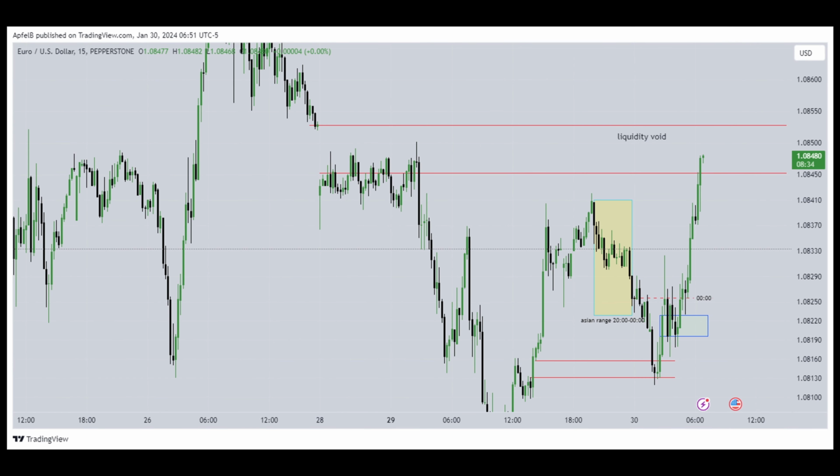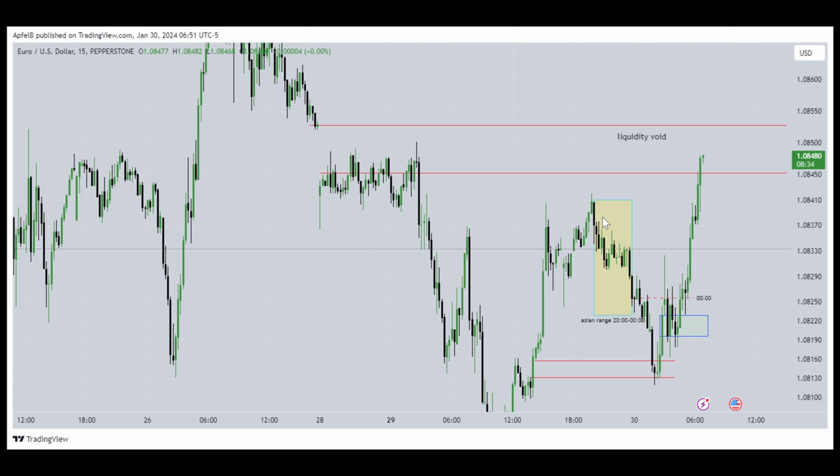So let's continue. I want to touch a little bit on the liquidity void, because we see our accumulation in the Asian session, the manipulation to fill out this imbalance, and then we shift in market structure, return to this imbalance to provide sell side delivery, and then the algorithm starts booking higher.